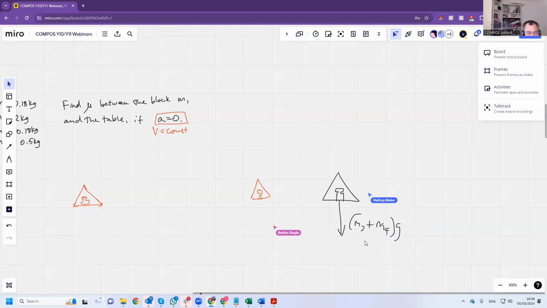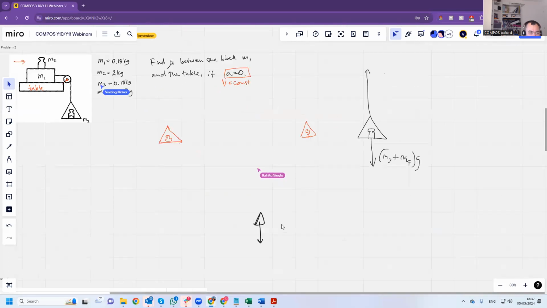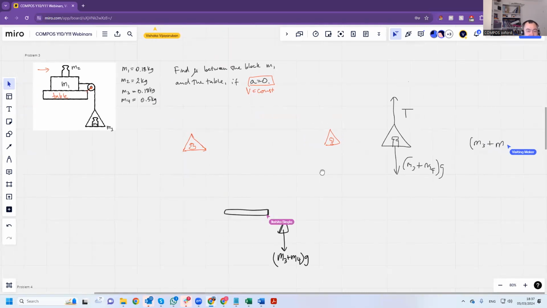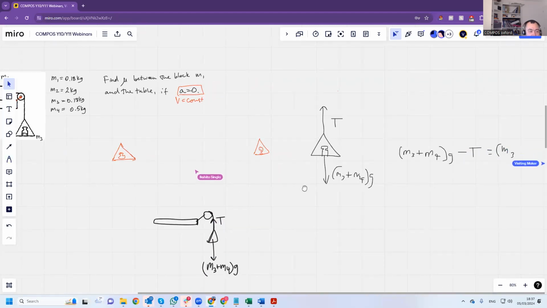Oh, lovely. Very good. Wherever this is. To use a pen, you press P on the keyboard. If you're using a device, then you choose the more apps and choose a pen.